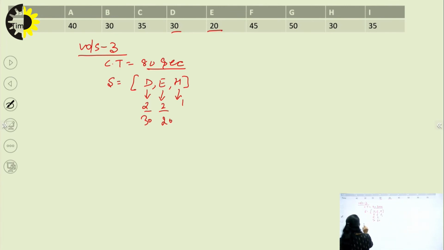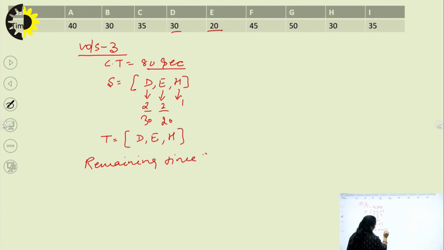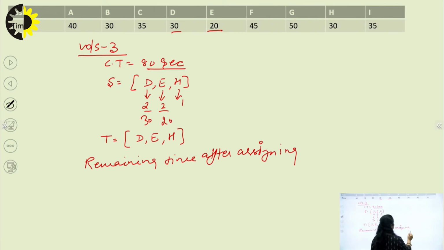If we talk about feasibility, all these are feasible because all of them are less than 80. So D, E, H. Now the remaining time after assigning task D will be 80 minus 30, which means 50 seconds.